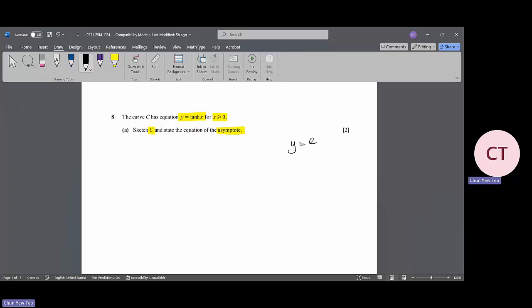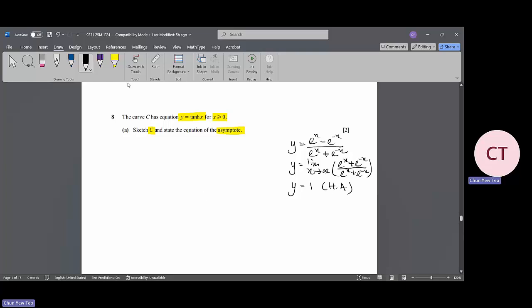It will be e to the power of x minus e to the power of negative x divided by e to the power of x plus e to the power of negative x. Then the asymptote will be the limit as x approaches infinity, and this will give you y equal to 1. That is your horizontal asymptote.